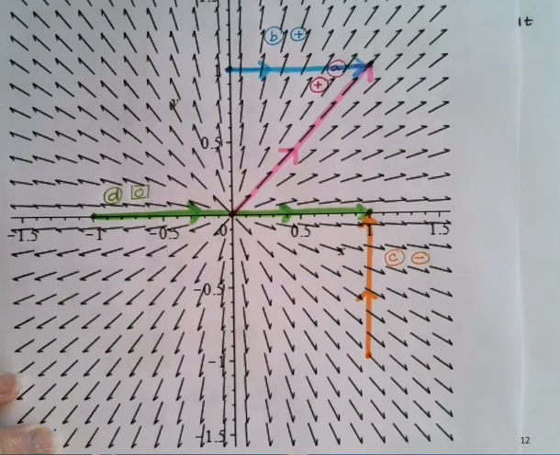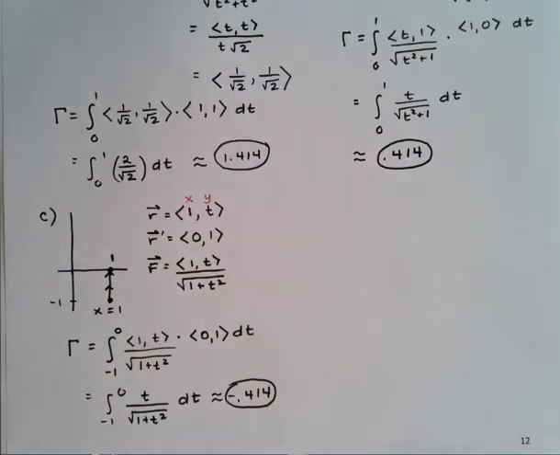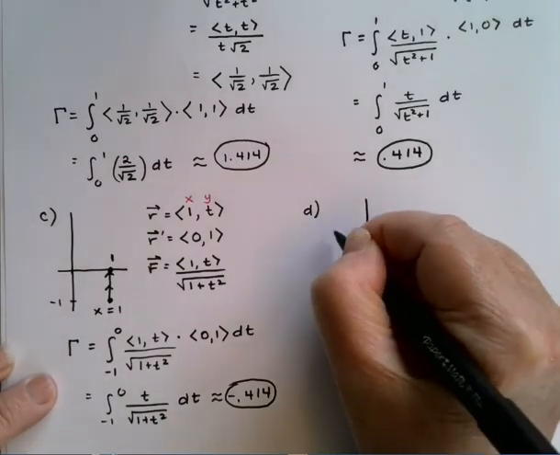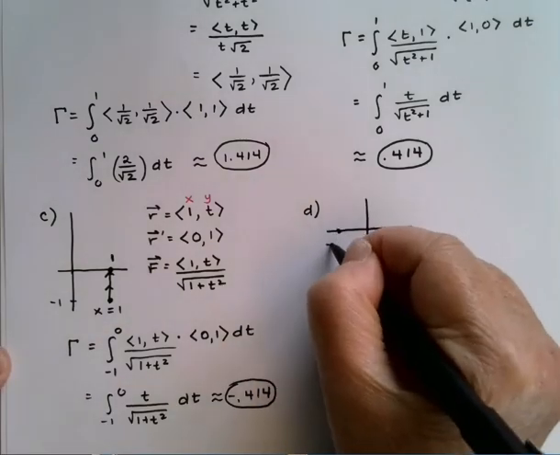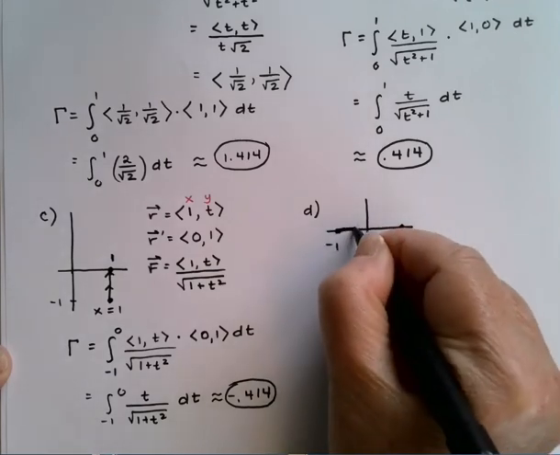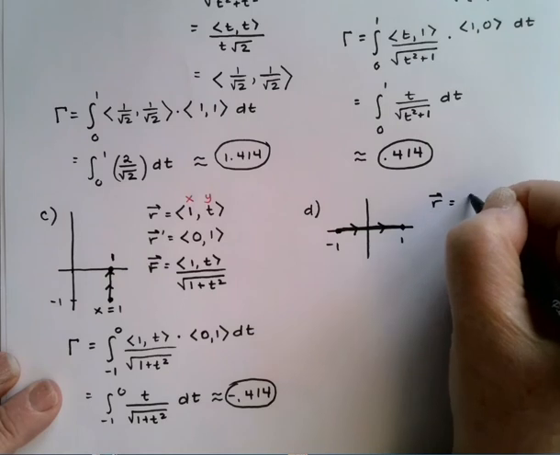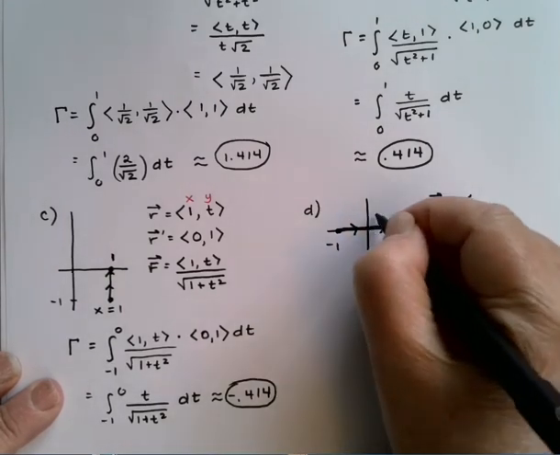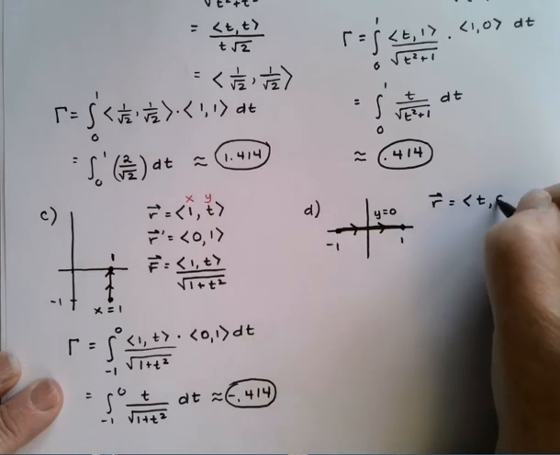All right, finally we're going to look at D, where we were predicting 0 for a circulation. With D, we wanted to go from -1, 0 to +1, 0. To parameterize that, since this is really just the line y equals 0, the x-axis, I'll let x be t again, and y has to be 0.